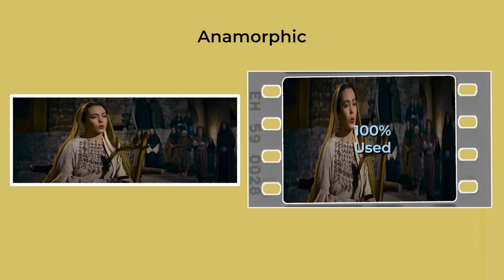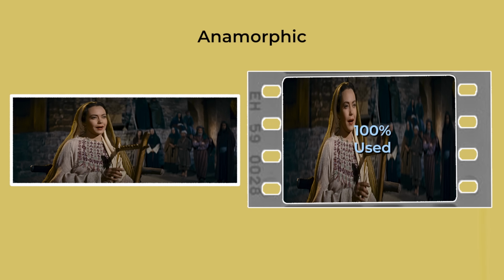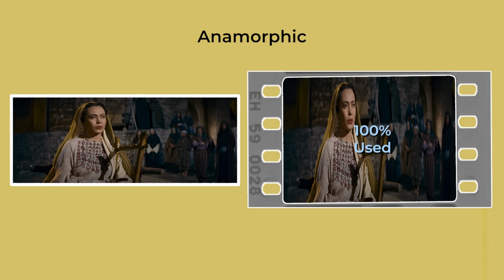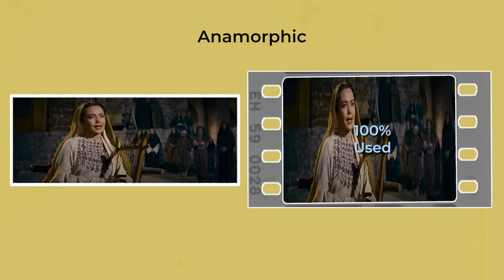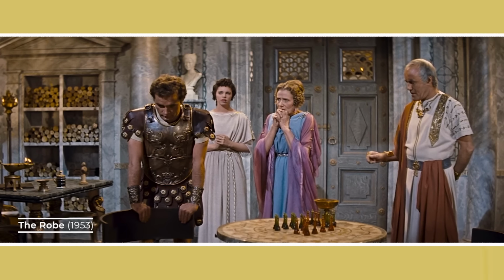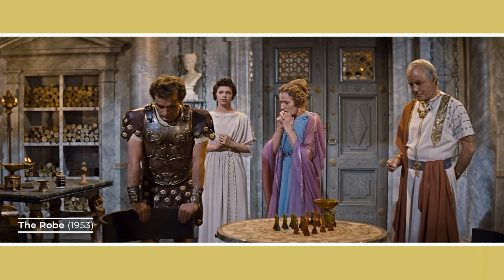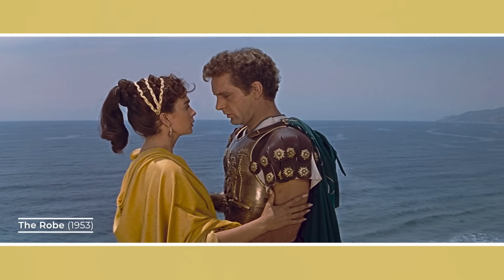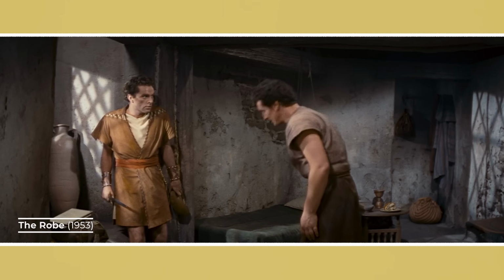Anamorphic lenses solve this by optically squeezing a wide image horizontally so that it filled the entire 4x3 film frame. When projected and de-squeezed, 100% of the negative contributed to the final widescreen image. The result was improved image quality, greater vertical resolution, and reduced film grain.